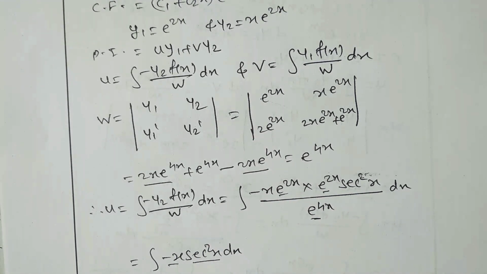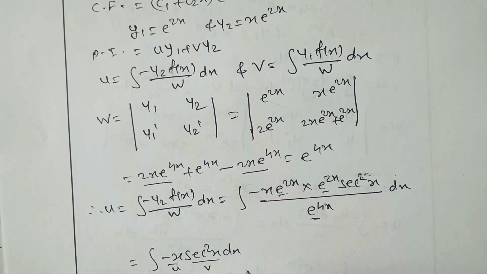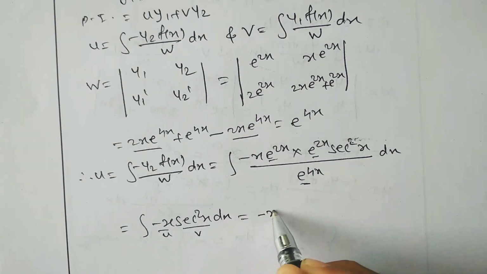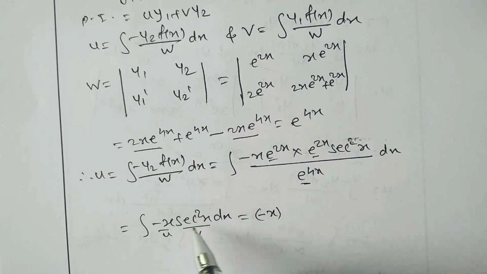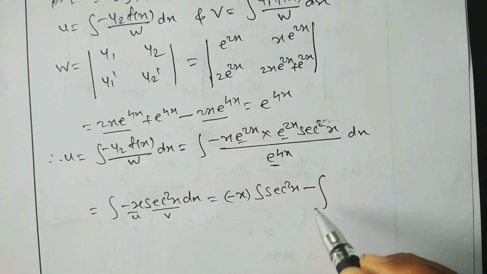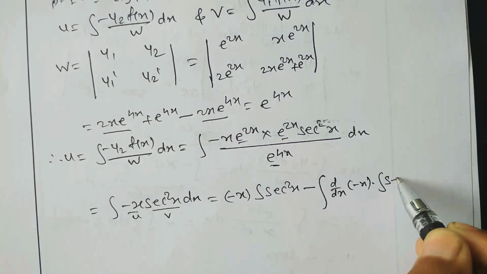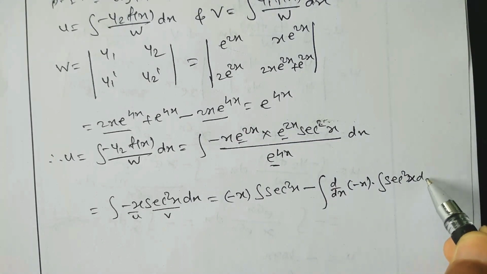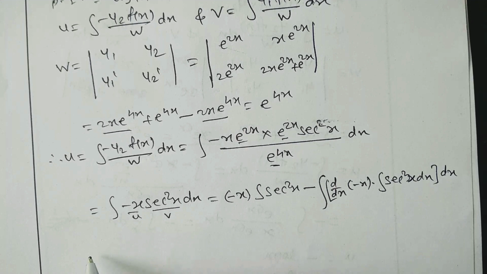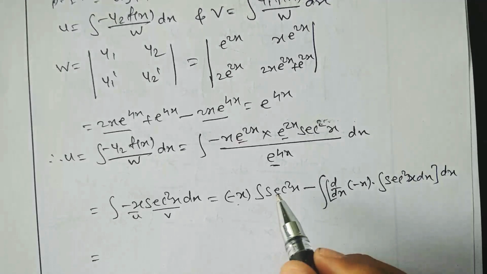Using the by parts rule to solve this, suppose this is our u and this is our v. So using the by parts rule, the integration is minus x as it is, times the integration of v, the integration of sec square x, minus the integration of the derivative of the first term, the derivative of minus x, into the integration of sec square x dx, into again dx. This is equal to minus x, and the integration of sec square x is tan x.